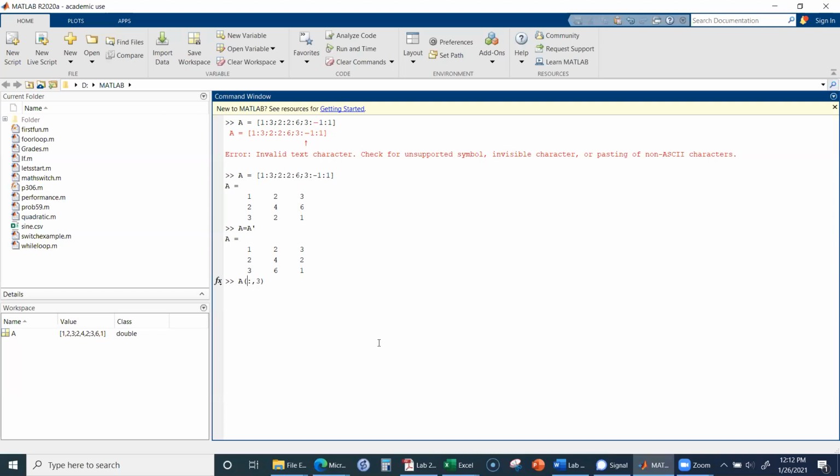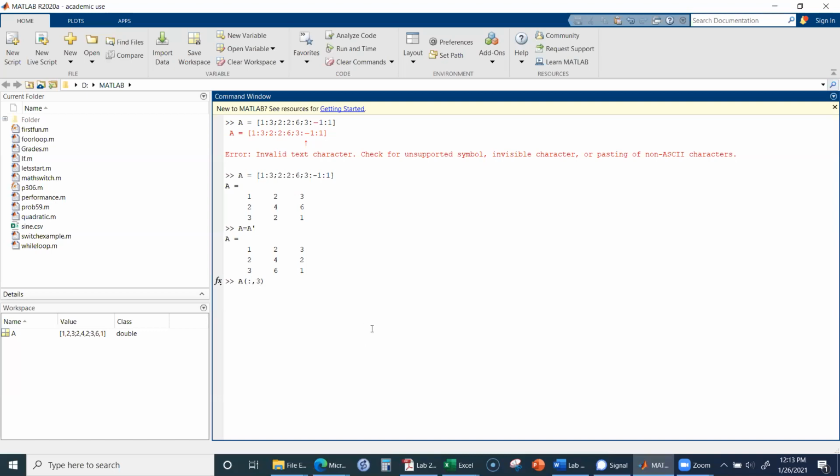For example, if instead of colon I put just 1, it will take the first row. But if I put the colon over here, it will take all the rows, and the second element is 3. So 3 means the third column. That means we will take all the rows in the third column.